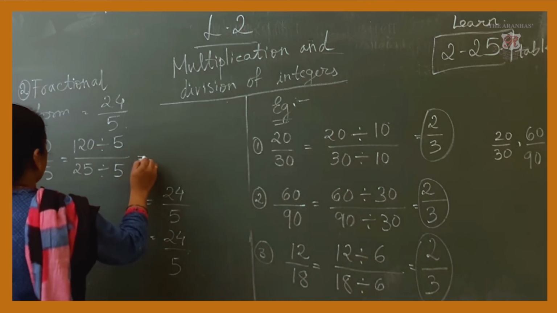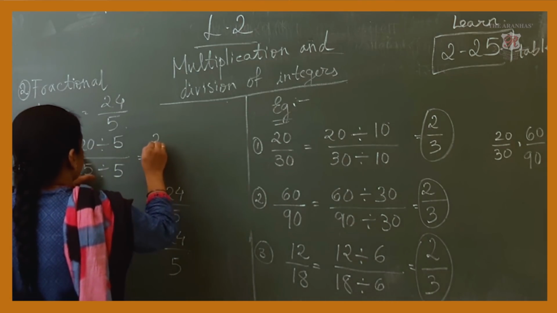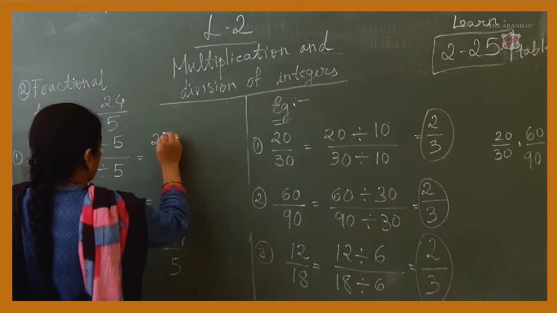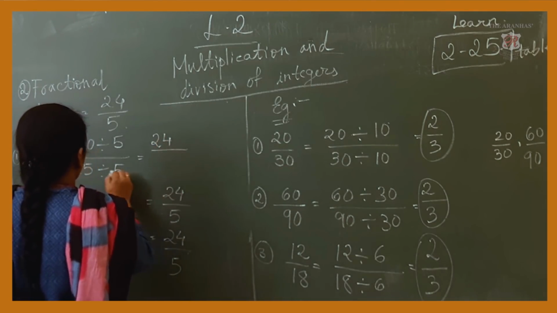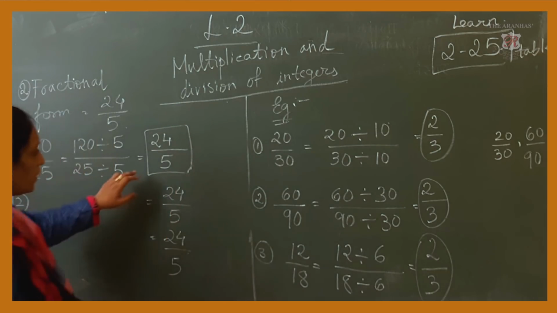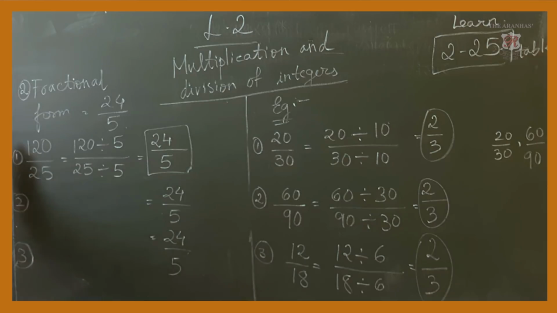I get 5 fives are 25... 5 fours are 20 and 5 fives are 25. I got 24 upon 5 as the fractional form. I have taken the first division of integers as 120 upon 25.